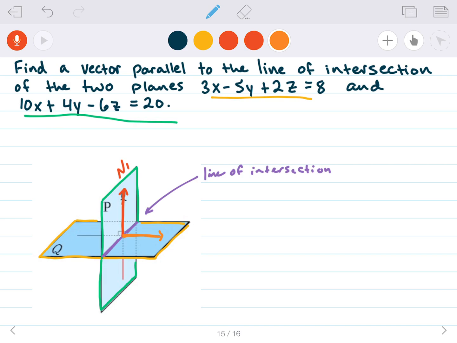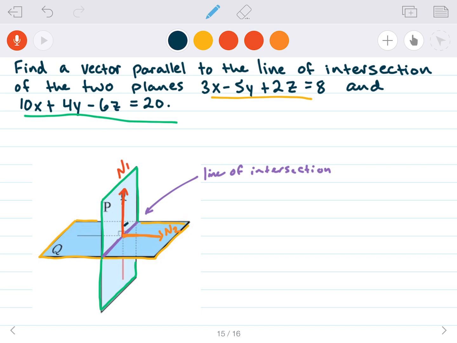So we could call this one N2. And so the idea is if we cross those guys, we're going to get a vector that is perpendicular to both of those and hence parallel to the line of intersection. So we're going to have something that looks like this.